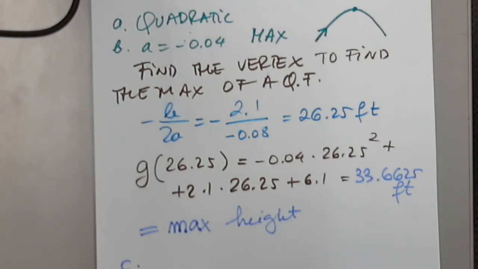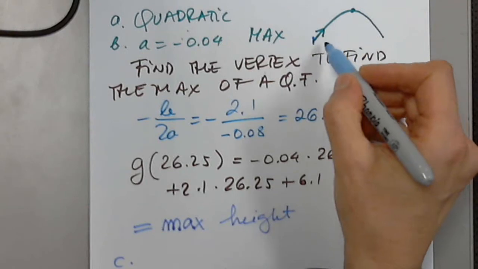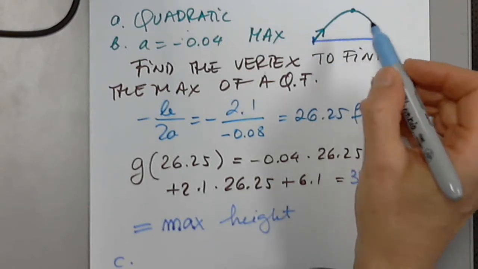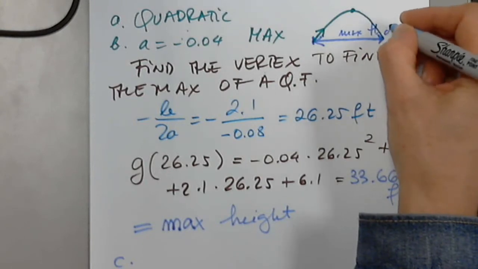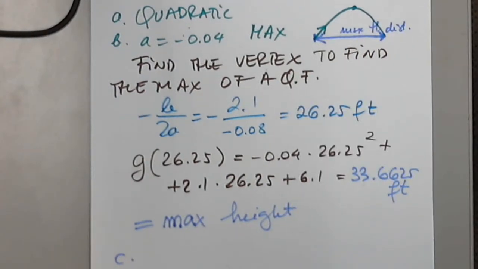Next: what is the shot's maximum horizontal distance to the nearest tenth, or the distance of the throw? In other words, from this point, yes, indeed, awesome. So we are asked to find the maximum horizontal distance. Then just use 0 for the equation.